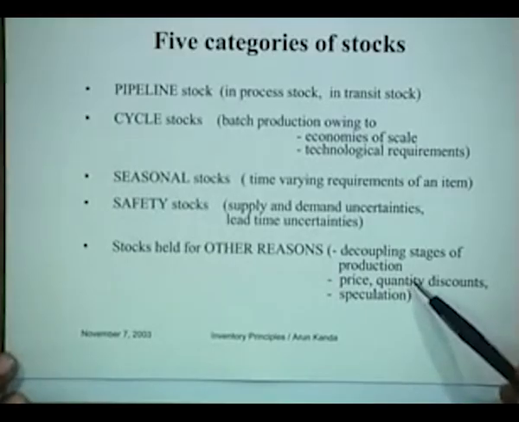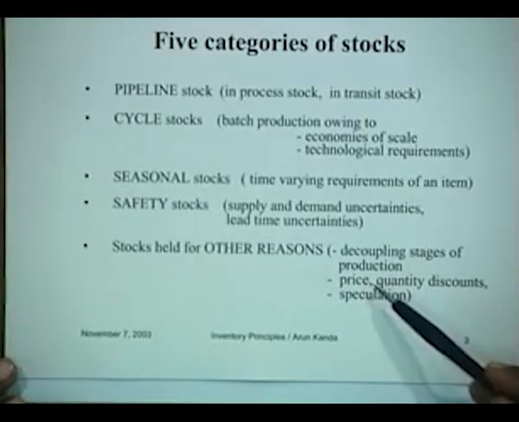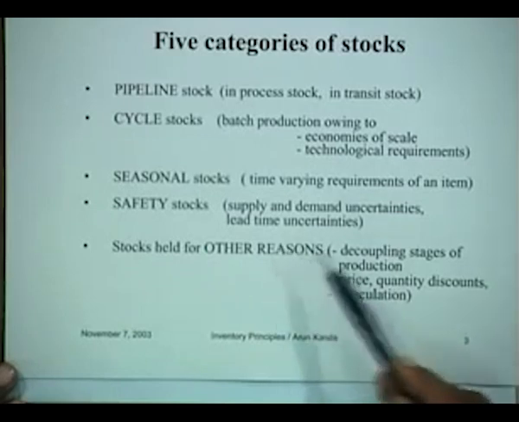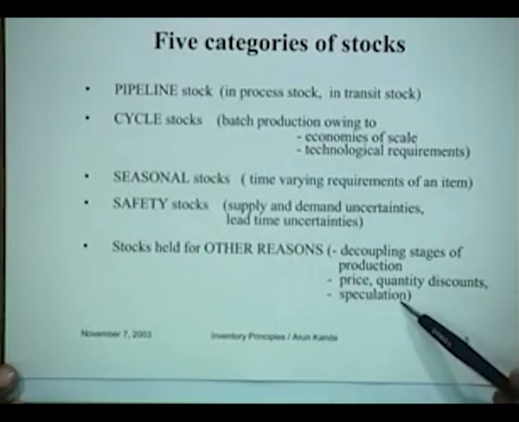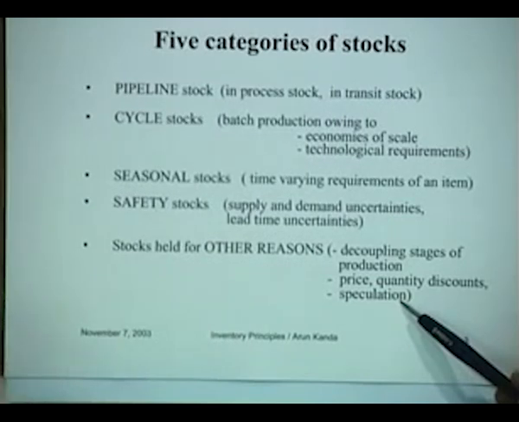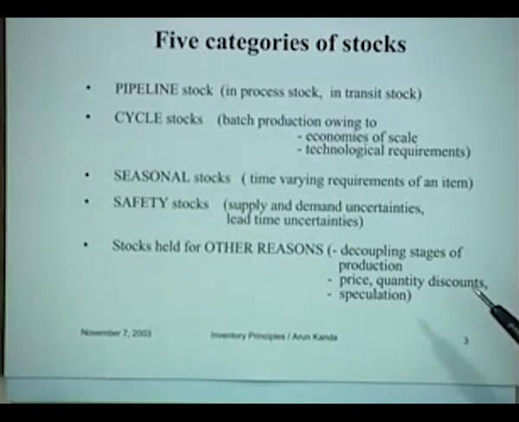And it could also mean that you have situations like quantity discounts, price discounts. Another reason for holding inventories might be speculation. You expect, for instance, that the price of a certain good or a commodity is likely to rise, and therefore you hold stocks of that inventory in the hope that whenever these prices rise you will sell the commodity, right?